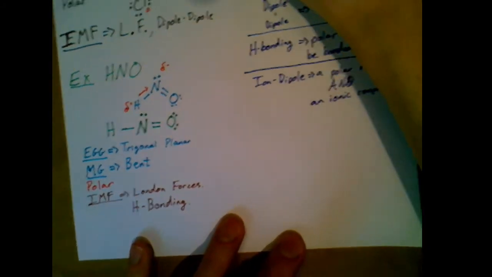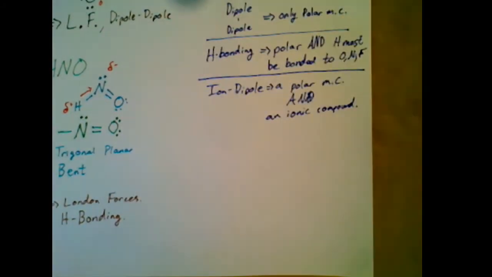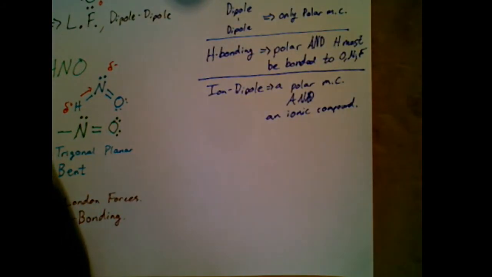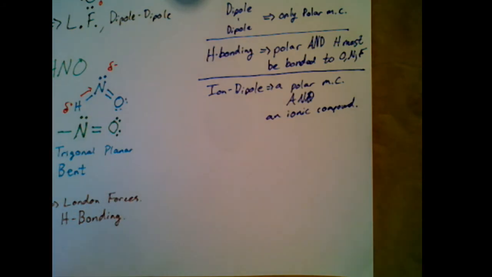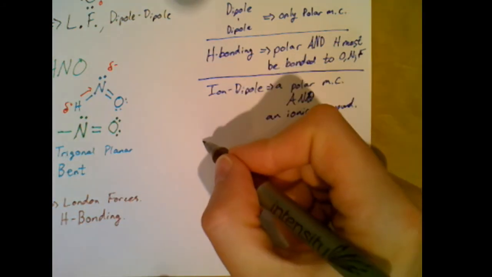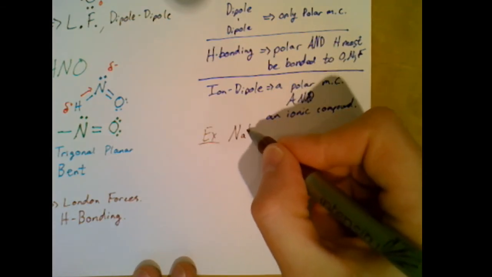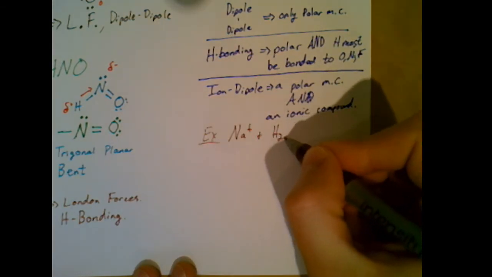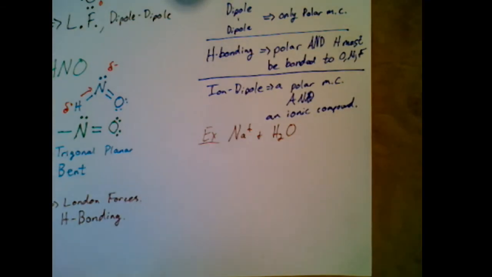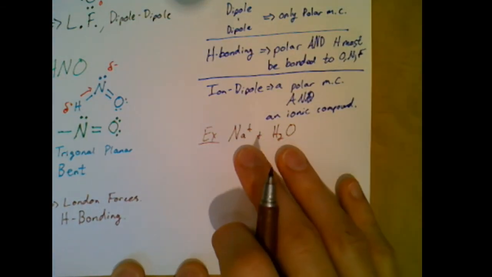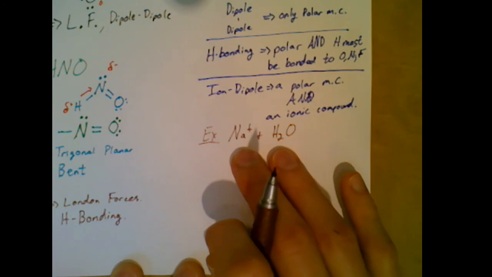Now, let's do one more really quick example. Let's do an example where we have sodium ions and H2O. Well, I know right now I have a mixture.